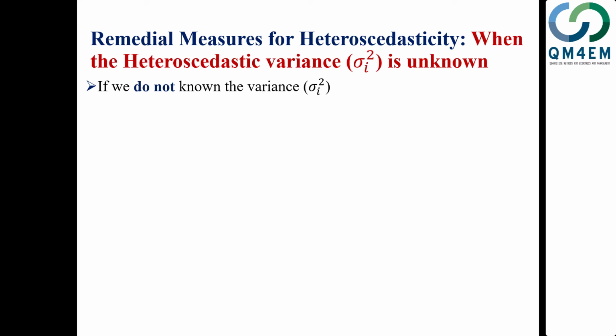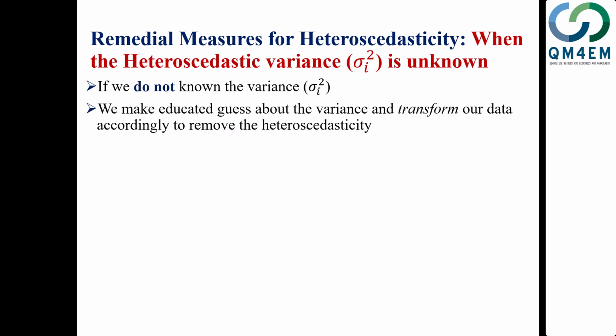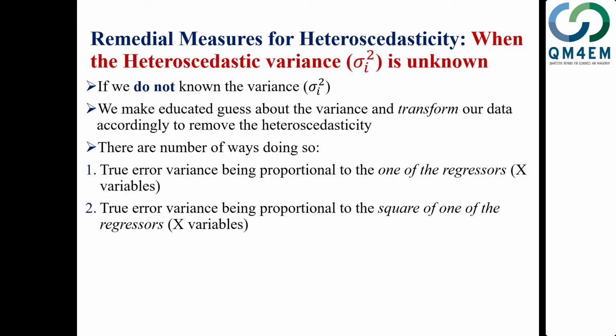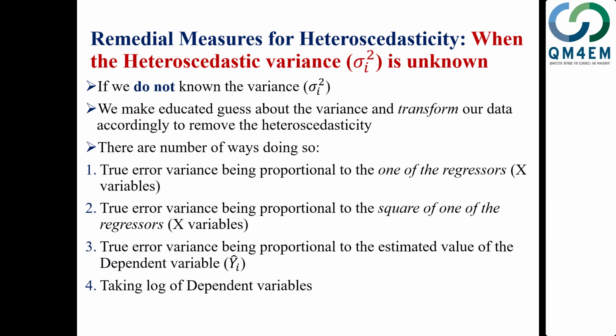In that case, we need to have some idea about the variance so that we can use that guess for transforming our data. We can do a number of guesses, and on a trial and error basis we can transform our data to homoscedastic variance data. The transformations which we discussed last time started with expecting that our true error variance is proportional to one of the regressors or the square of the regressors.